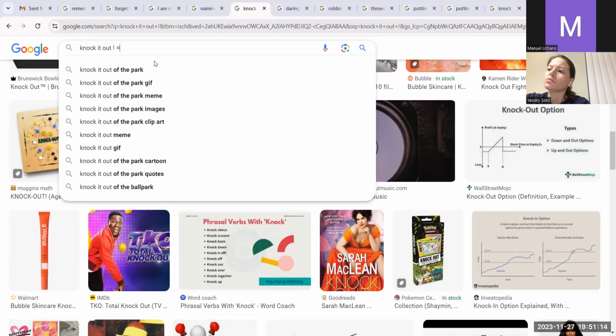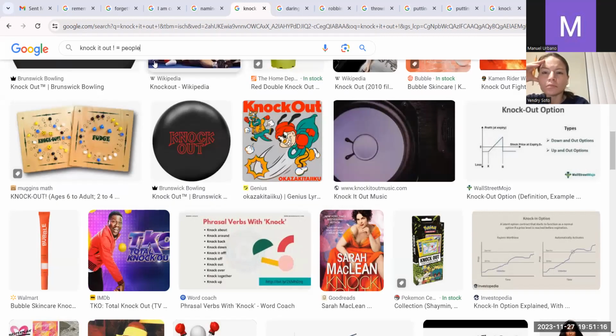Knock it out is the same as when you want people to stop. Knock it out. So to put it in very simple Spanish, es como ya deje, pare, ya no haga más, knock it out.